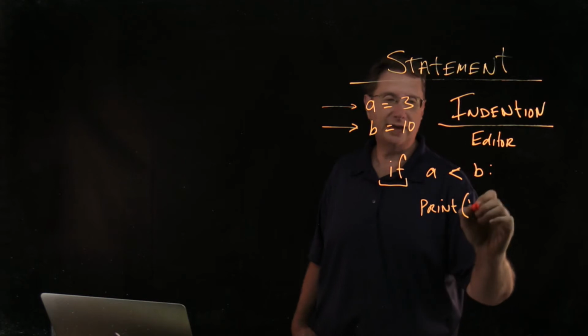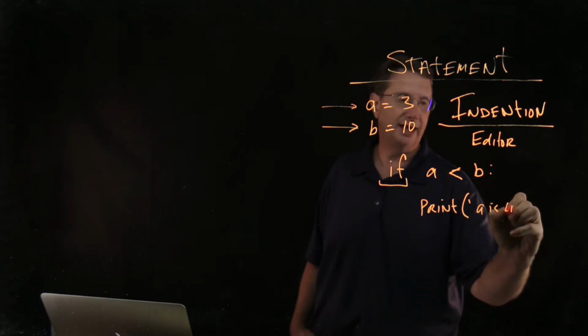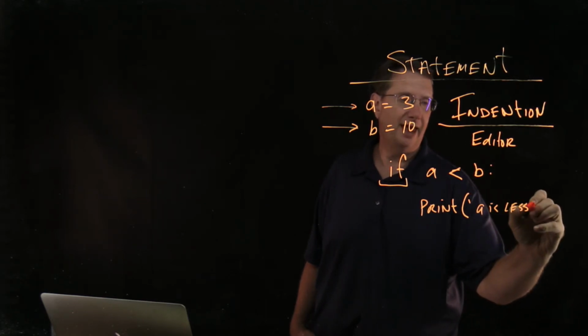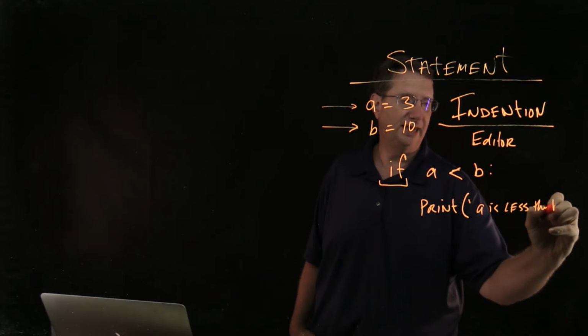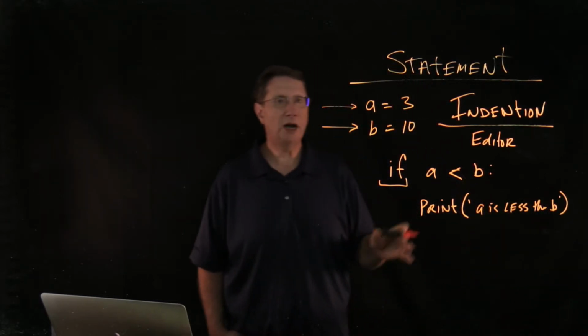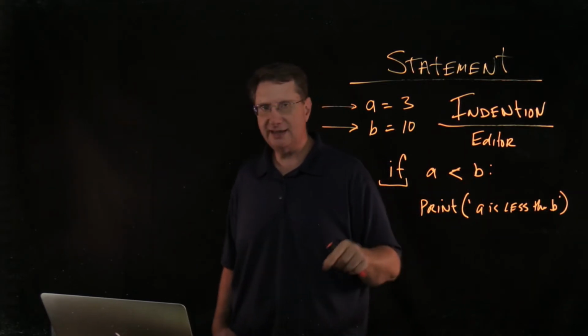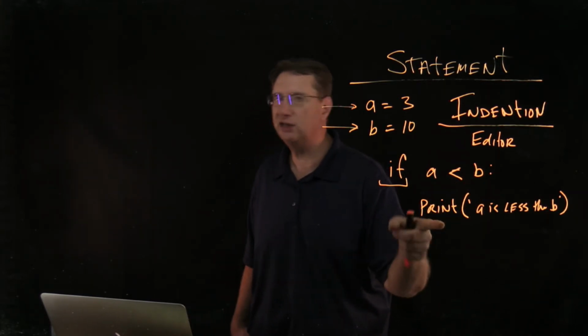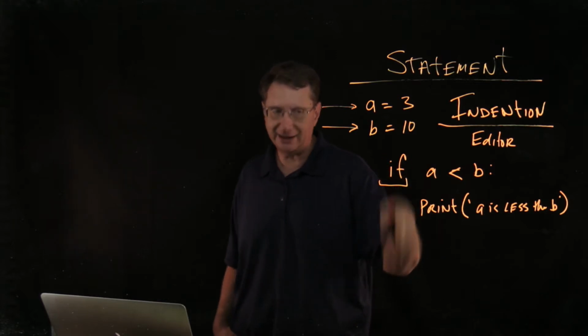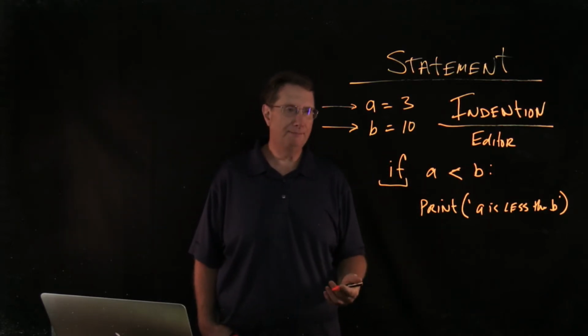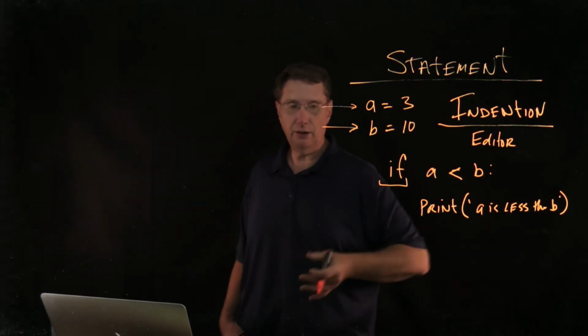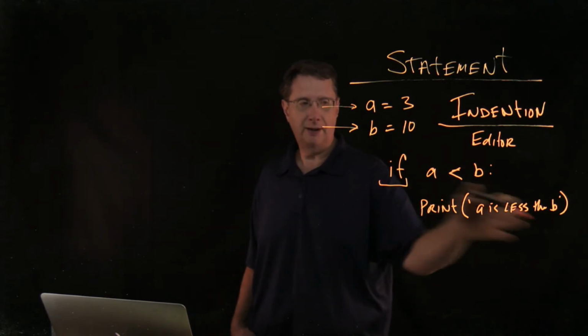So I could say print, A is less than B, and I'm done. If A is not less than B, this will never get executed. It'll go straight through and run the rest of the code outside of this process.